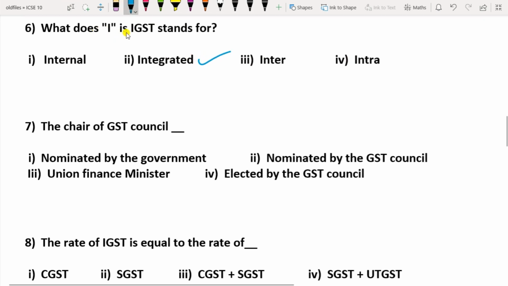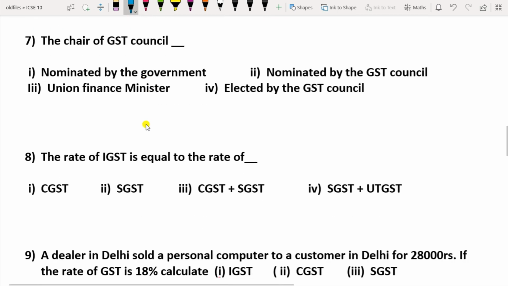I stands for integrated in IGST. Question 7 here is, who is the chair of the GST council? Nominated by government, nominated by GST council, union finance minister, or elected by GST council? So it is option 3, union finance minister.